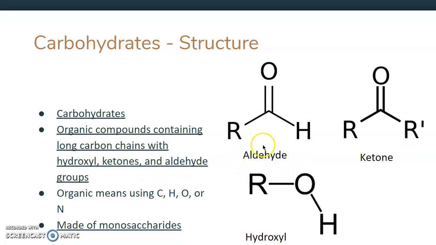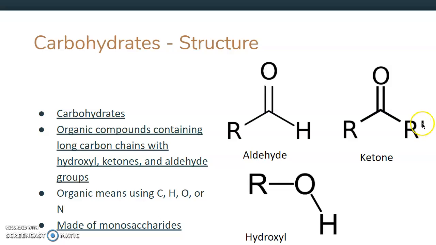So we have an aldehyde group, which this R means that it can be any part or any chain of organic molecules, any part. And then we have a double bond. So this is a double bond to an oxygen and then a hydrogen off the other side. Our ketones have one chain of carbon and hydrogen, and then a different one.